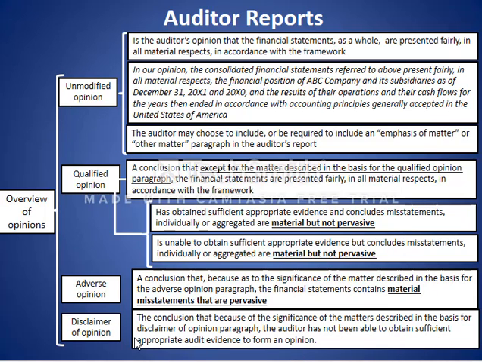Now, a disclaimer of opinion in many cases is almost as bad as an adverse opinion because it's literally saying the auditor probably suspects something is wrong, but they don't have enough information to reach a conclusion.